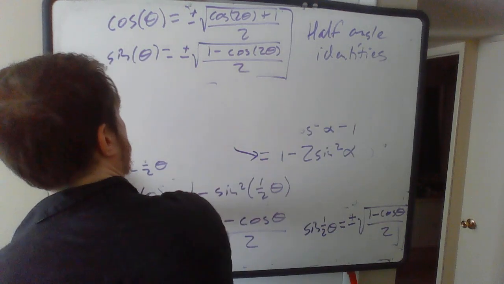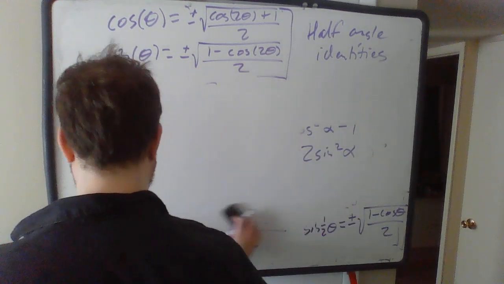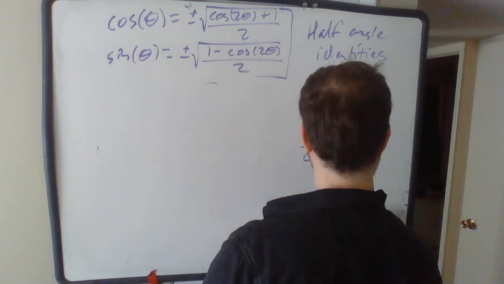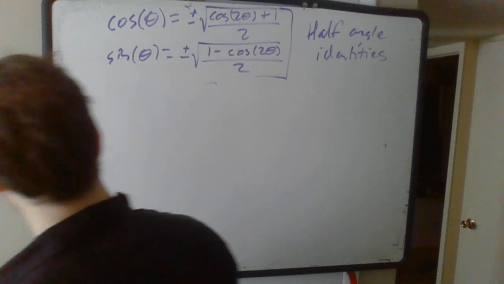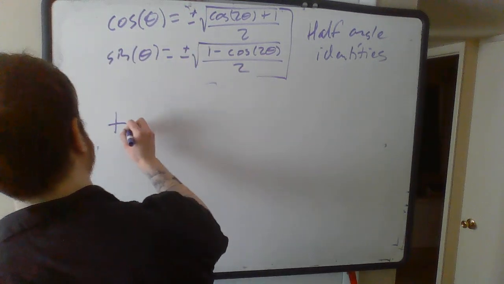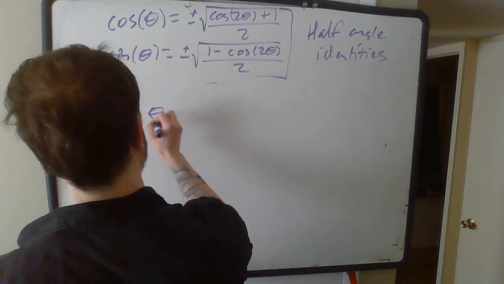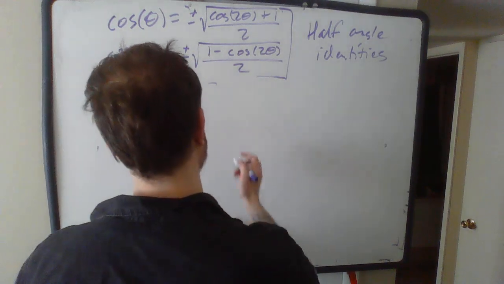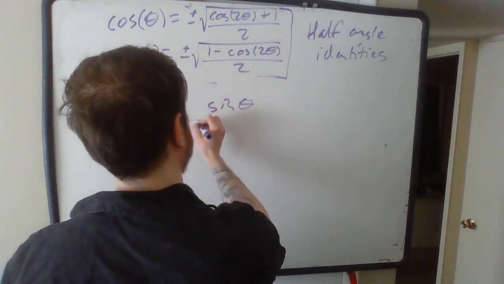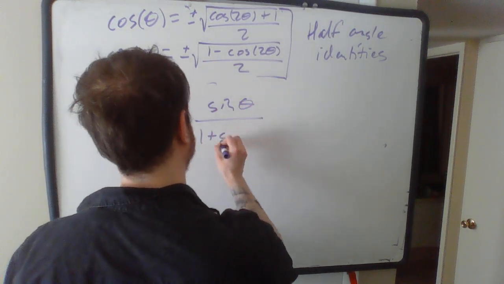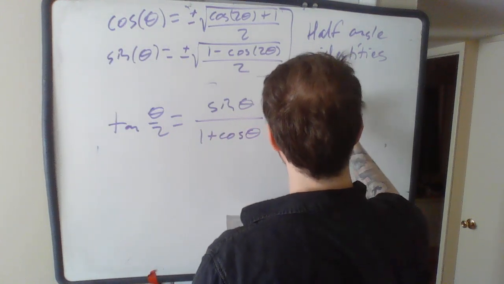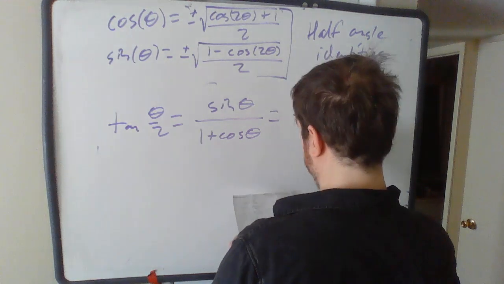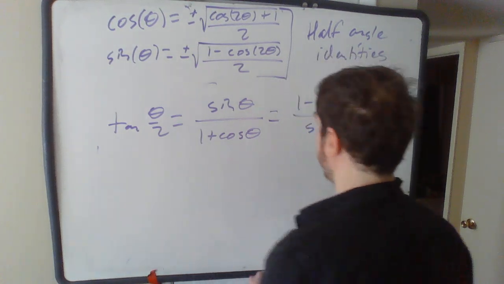You can also use all of this to work out a formula for the tangent, and the formula that you end up with for tangent is that the tangent of theta over 2 is equal to sine theta divided by 1 plus cosine theta, which can also be written as 1 minus cosine theta divided by sine theta.